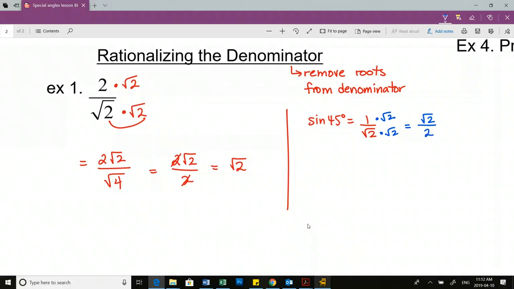And that's why your calculator gives you root 2 over 2 for sine of 45. Okay? This is helpful if you're finding exact values of expressions. This is actually helpful to enter in these expressions with the denominators already rationalized. Typically, it will prevent you from having to do that at the end.